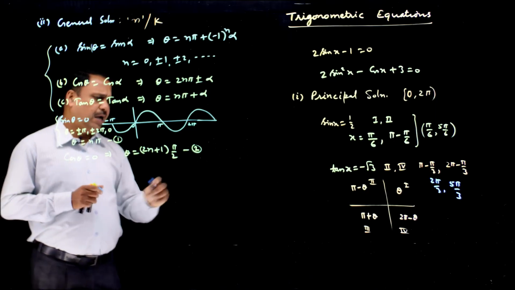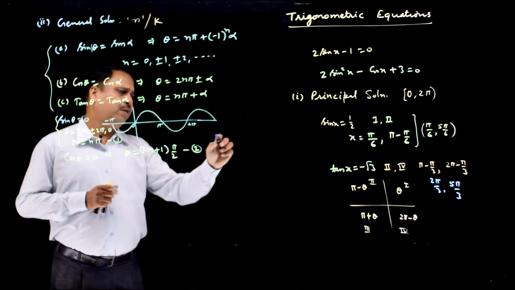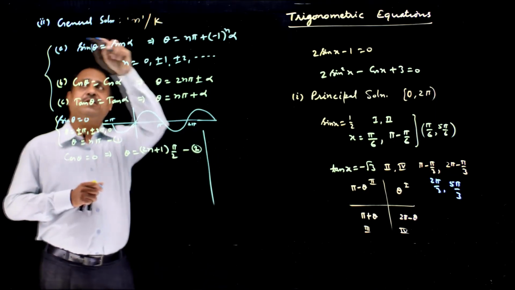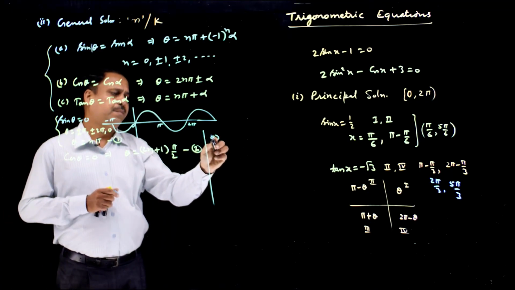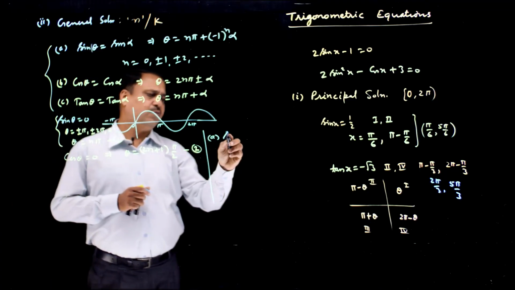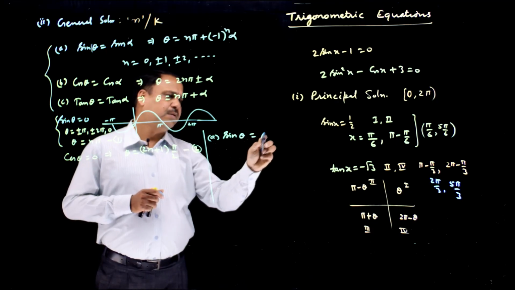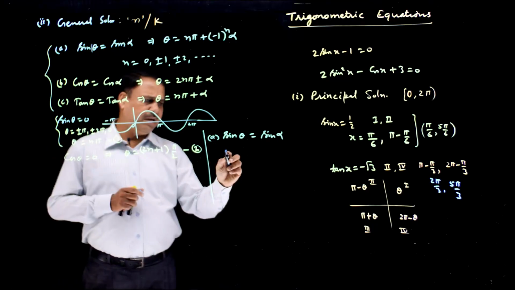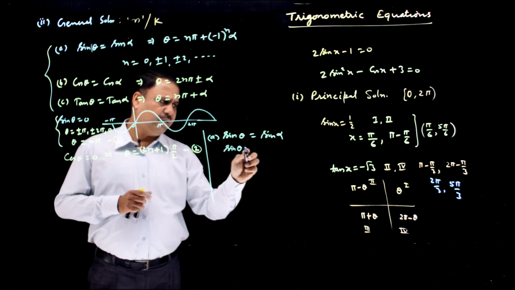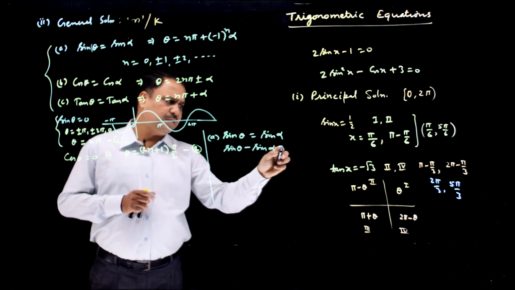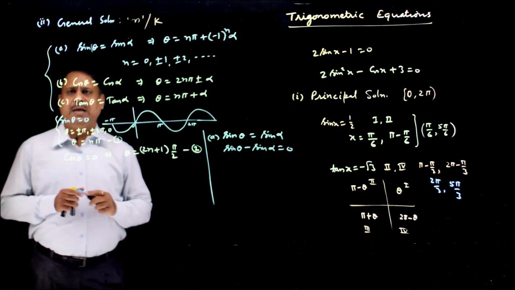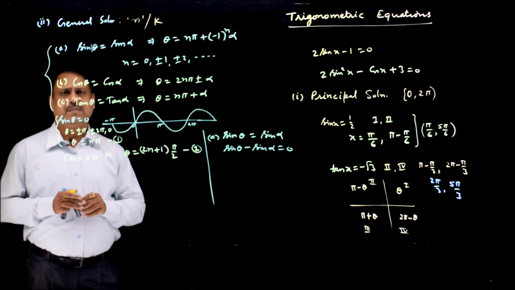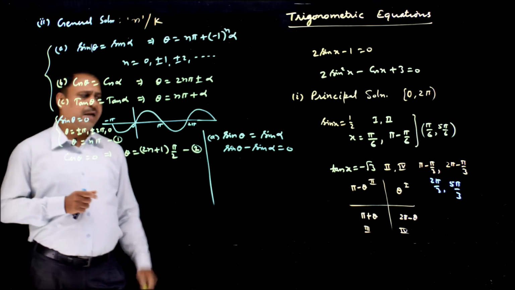For example, let us see how the first formula has come, sin theta is equal to sin alpha, its derivation. So the method is we will write sin theta minus sin alpha is equal to 0. Apply the sin c minus sin d formula.